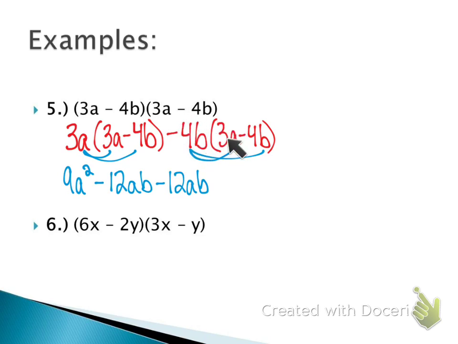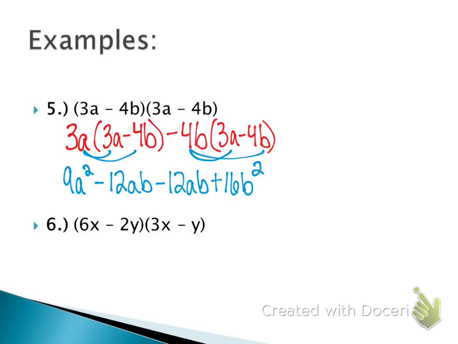A negative 4 with a 3a is the same multiplication as 3a with a negative 4b. So it makes sense that it's the same thing twice. Then we have negative 4b times negative 4b. Positive or negative? Positive. A negative times a negative is a positive. 16b squared.